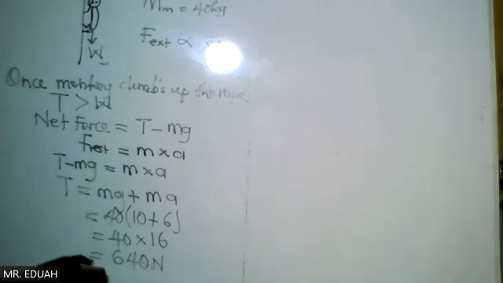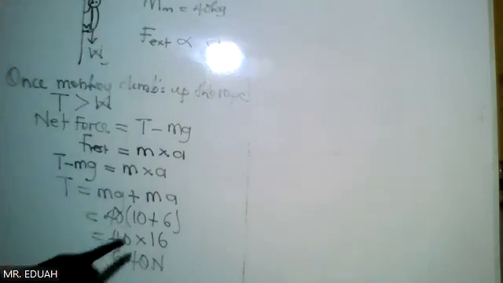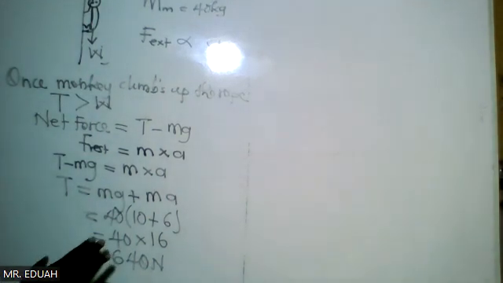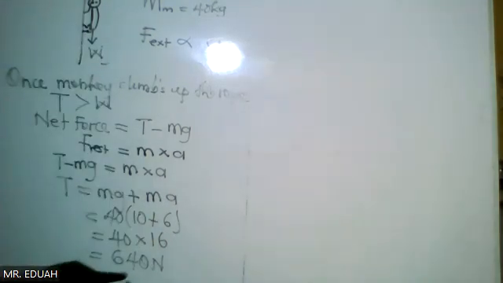Now, if this is the tension, when you compare it with the maximum tension, then it tells you that when the monkey accelerates up the string, it will surely break the rope, because the tension when the monkey accelerates with this magnitude up will be greater than the maximum tension in the rope.